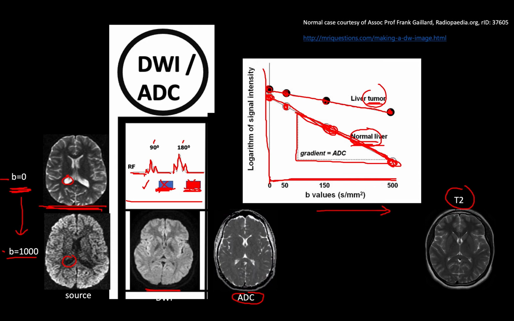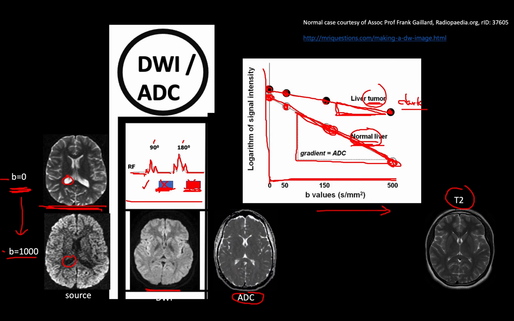While if it detects that the slope is not steep, it's going to code it on our ADC maps as something dark. So initially, it may be helpful just to memorize the pattern: DWI bright when paired with an ADC dark signal is something which is bad, because it's seen in infarcts and in tumor.